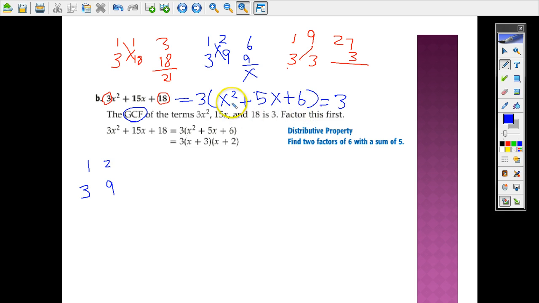Now we're going back to our previous section. Multiply makes 6, and add makes 5, which is x plus 3 and x plus 2. So this method only works when you have completely factored out. If they have a greatest common factor, then you factor that number out first, and then it will work.